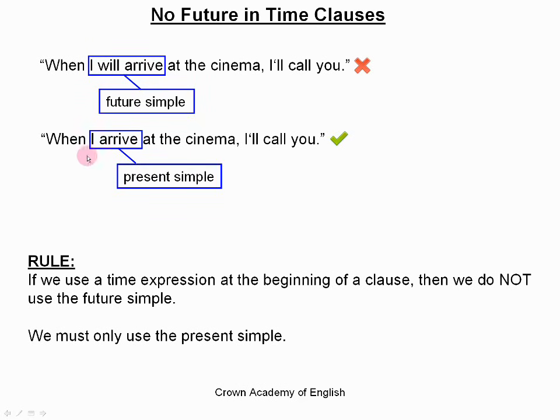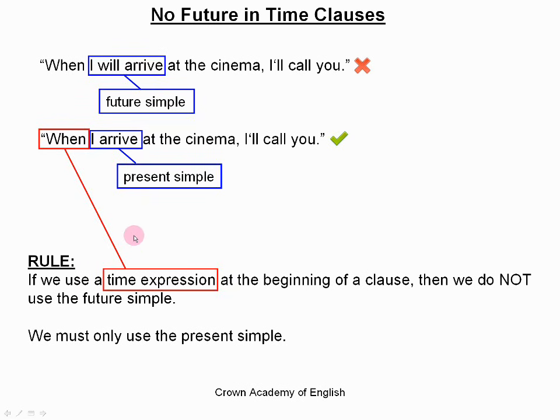So even though we are talking about the future here, because we have started the clause with a time expression, like the word when, then we must use the present simple to talk about the future.